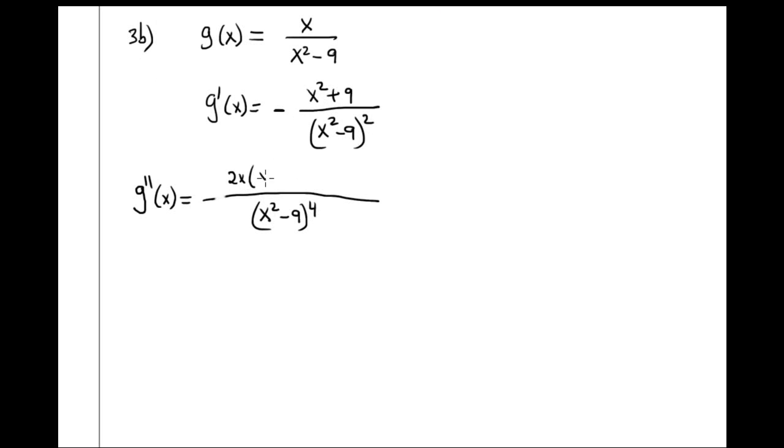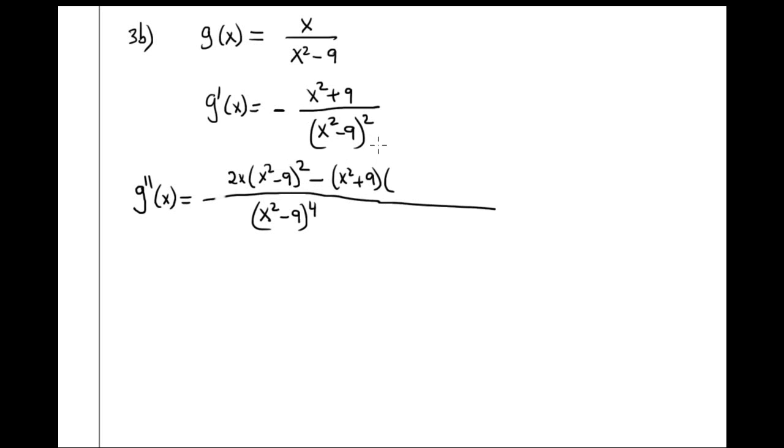Multiplication by x squared minus 9 squared, minus this stays the same, x squared plus 9, times the derivative of this expression.